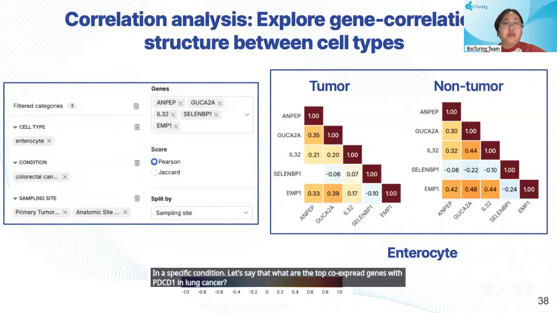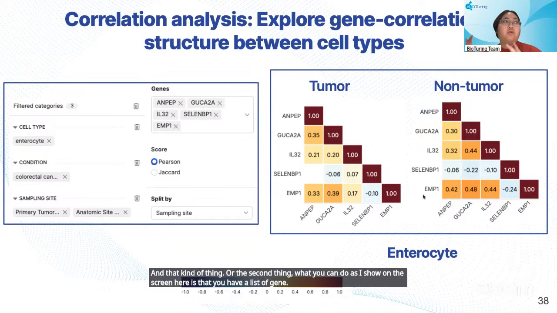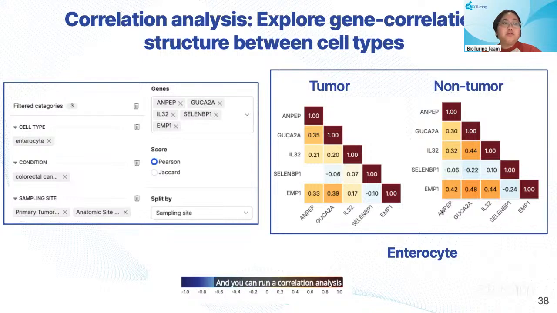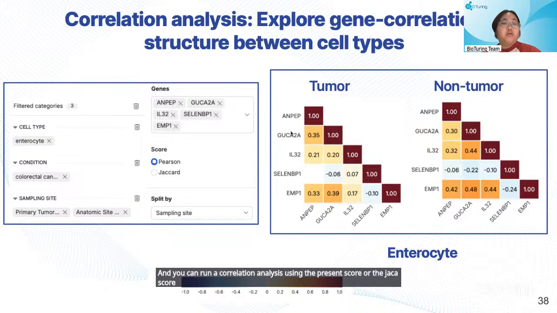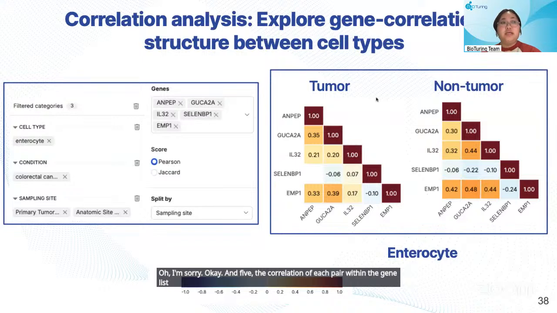Or the second thing, as I show on the screen here, is that you have a list of genes and you can run a correlation analysis using the Pearson score or the Jaccard score to find the pairwise correlations, the correlation of each pair within the gene list in a specific condition. Here, I'm working with tumor enterocyte versus non-tumor enterocyte, for example.